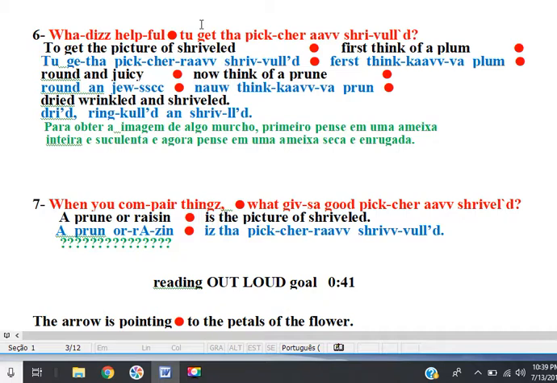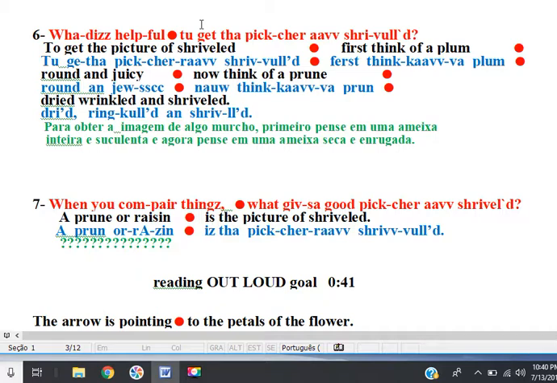Now think of a prune, dry, wrinkled, and shriveled.